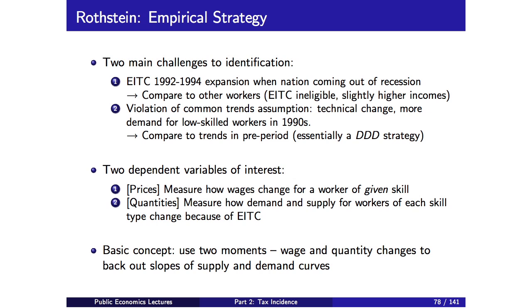But then that leads you to the second problem, which is that there are violations of the common trends assumption, which he himself establishes using pre-period data. So there's skill-biased technical change where there's differential demand for low and high skilled workers. The recession also may have differential impacts on people with slightly lower and higher incomes. We know that lower income people tend to suffer more in recessions and then rebound more quickly when we're coming out of recessions.